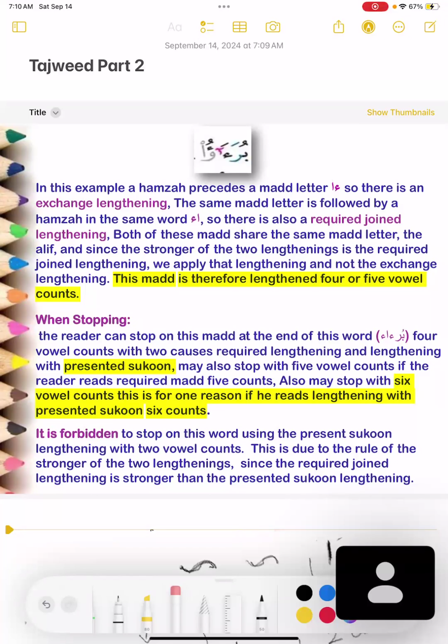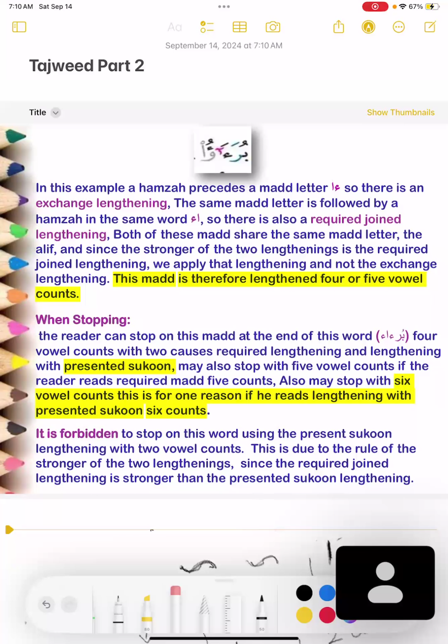So if I'm making bura'a 5 counts, say I'm stretching the hamza with the red alif to 5 counts, then I can't end this bura'a and make it 6 counts. I cannot make the ending 6 counts because madd muttasil will always be at most 5 counts, so madd aridul sukun should not exceed that. So I can't make it 6 counts.